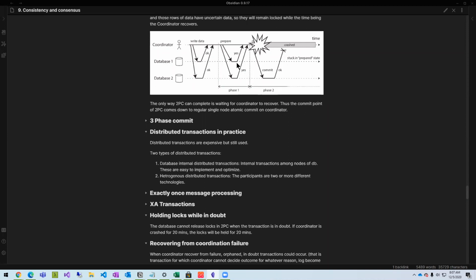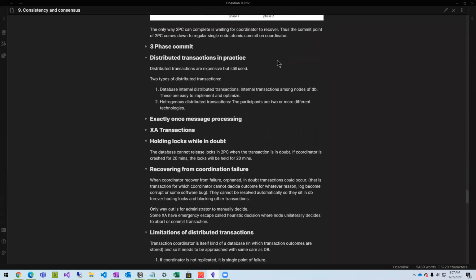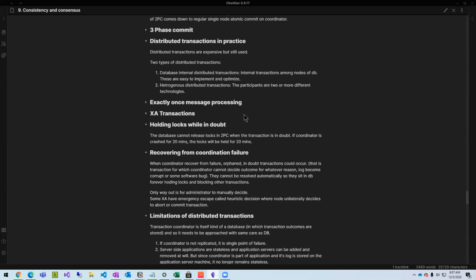Then these rows will be in a locked state forever. Basically, the database would not lock these rows forever. After some point, depending on the database, some of them use heuristics to finally come to a conclusion if they don't hear back from the coordinator after some specific time.